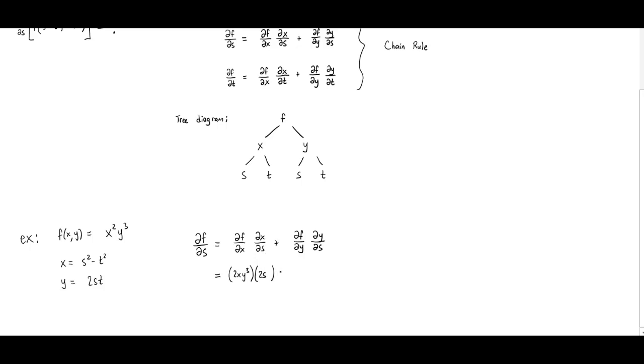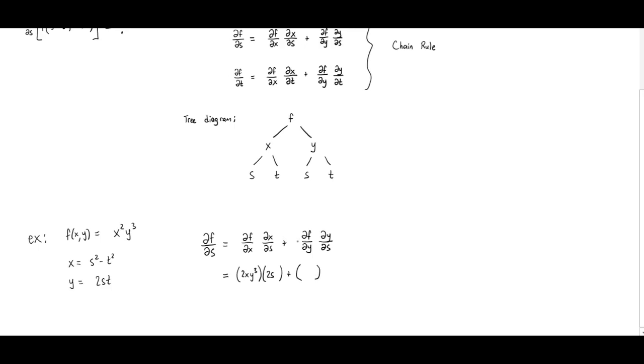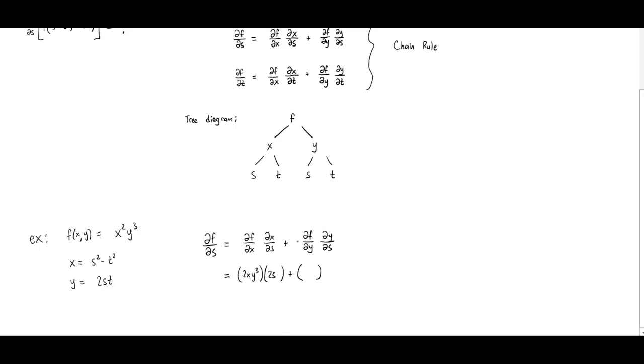Okay. Let's continue. So now we need the partial of f with respect to y. 3x squared y squared. Okay. And times the partial of y with respect to s. 2t. Yeah, 2t, yeah. Okay.